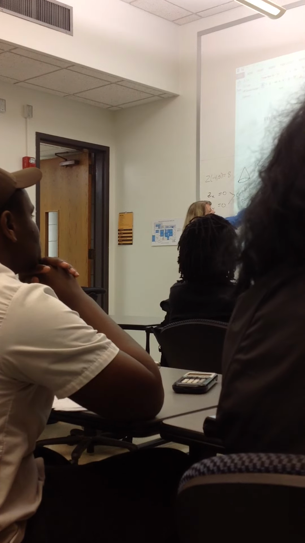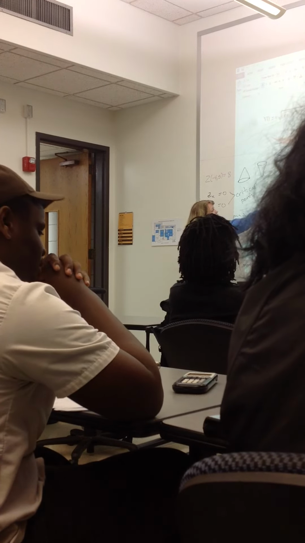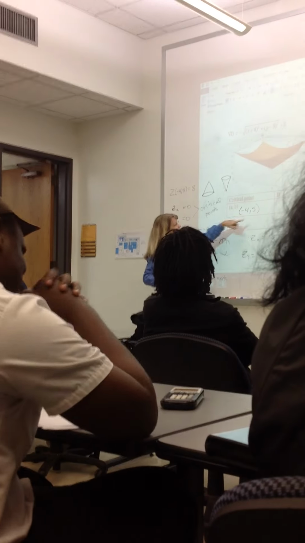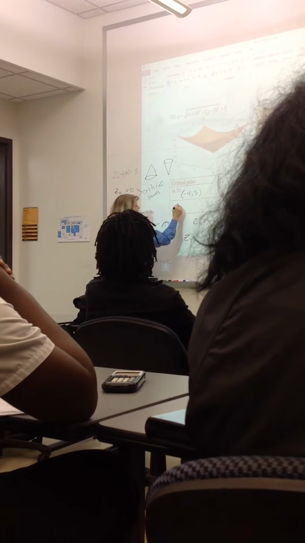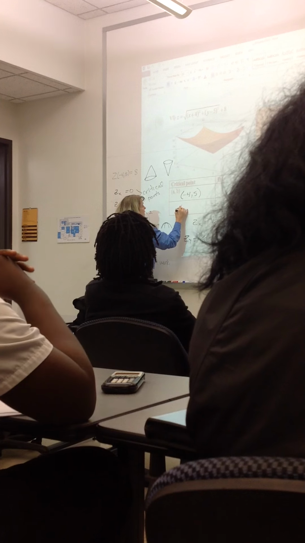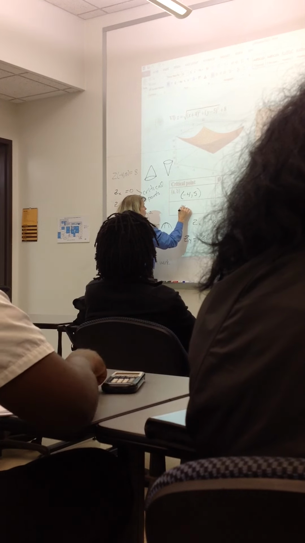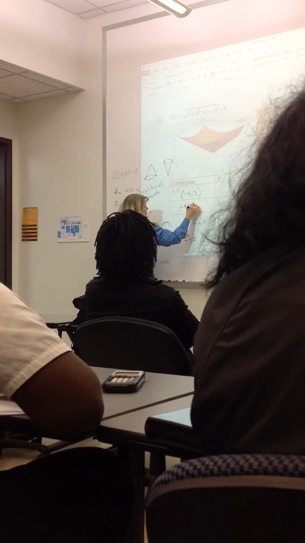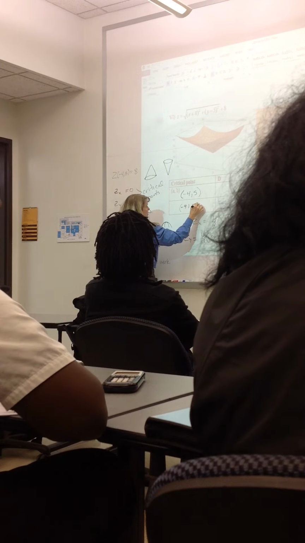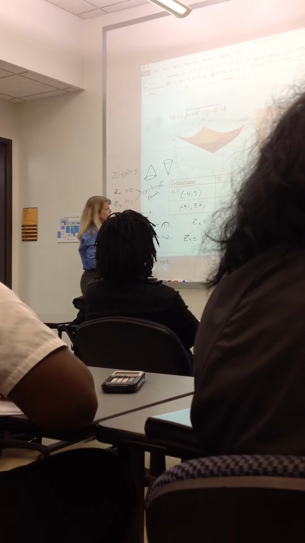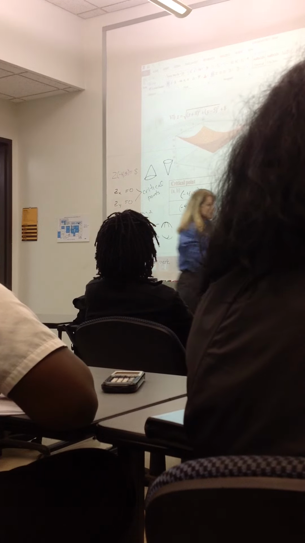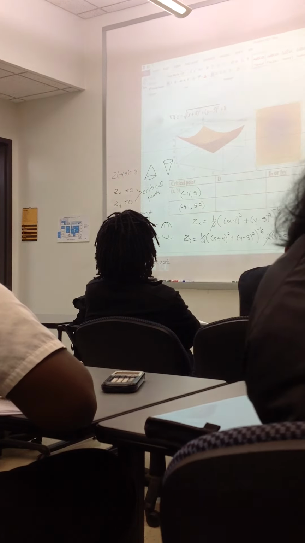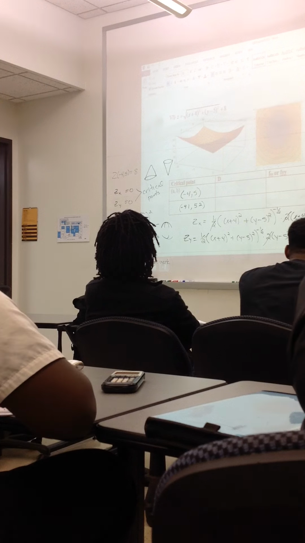You also could plug in a point that's kind of close to this. So, for example, I could plug in negative 4.1, 5.2. Okay, plug in a point that's kind of close to that, and you should get a value that's higher than 8 when you do that.